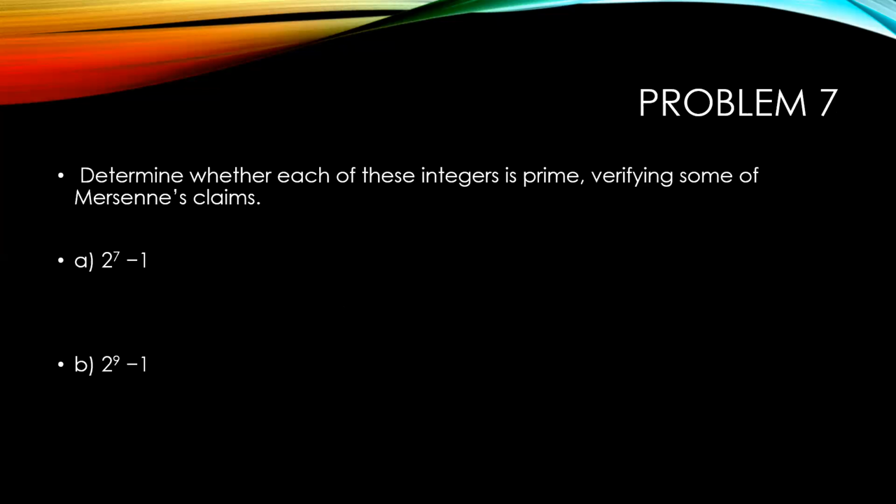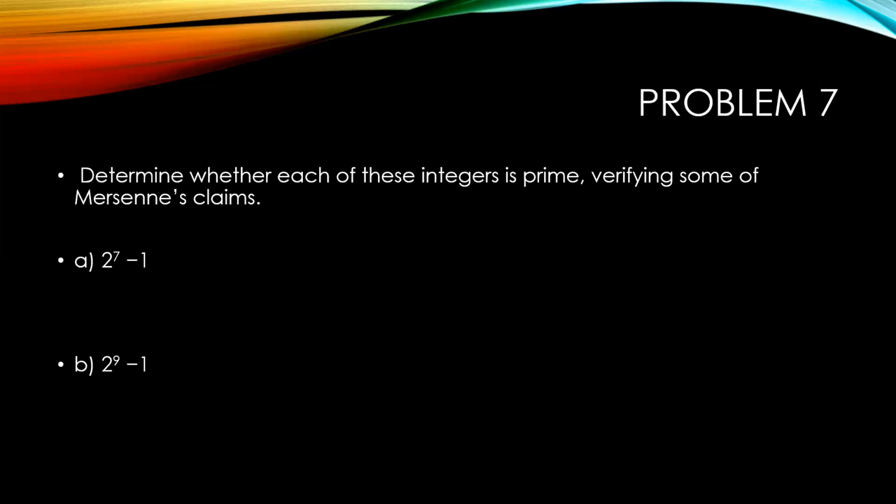Now, problem number 7. Determine whether each of these integers is prime, verifying Mersenne's claims. So again, Mersenne's claim means a prime number is defined by 2 raised to p minus 1, wherein p is a prime number. And when we evaluate that equation, the result should also be a prime number.